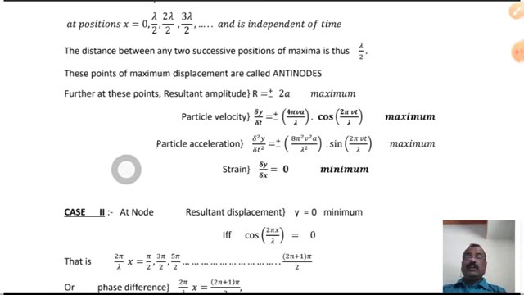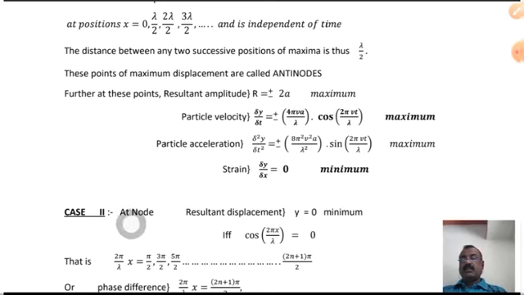At antinode, resultant amplitude is maximum, particle velocity is maximum, particle acceleration is maximum, but strain is minimum. That is, at antinode, resultant amplitude, velocity, acceleration are maximum, but strain is minimum.